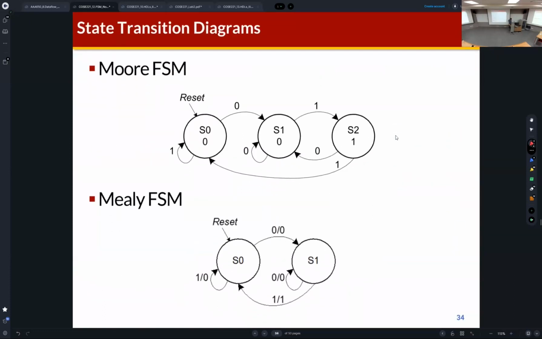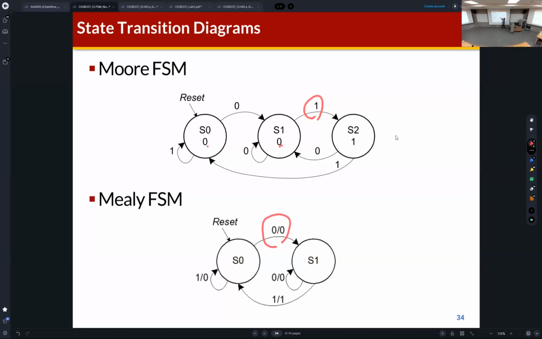So if you see the state transition diagrams of the Moore FSM and Mealy FSM, you can find the difference. In the Moore FSM, the output is just associated with the current state.